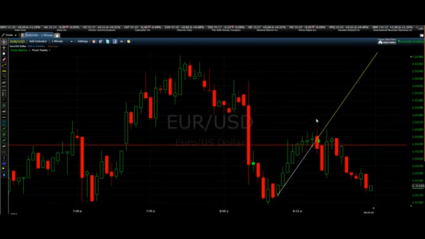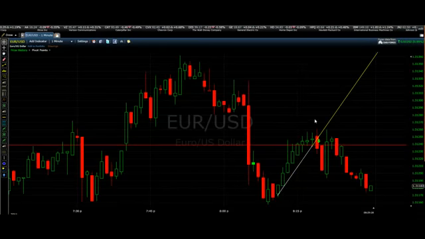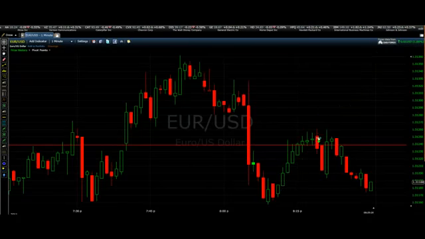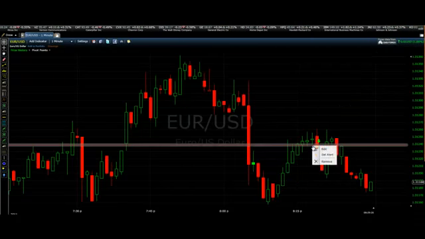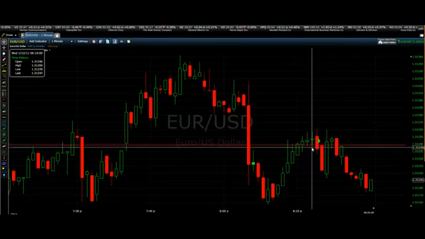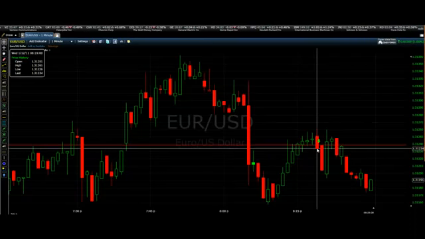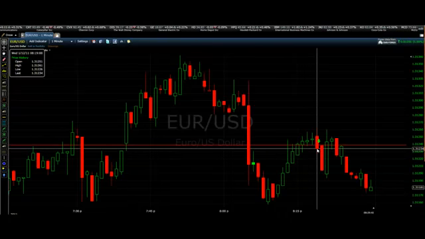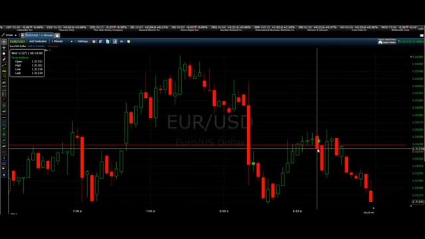This is by no means a trend line or anything. I'm just trying to show you that we've got the uptrend right here going up. And as soon as this candle breaks the low of that last green candle and its wick, that signals to me that, hey, this is likely a good time for a put on this trade.